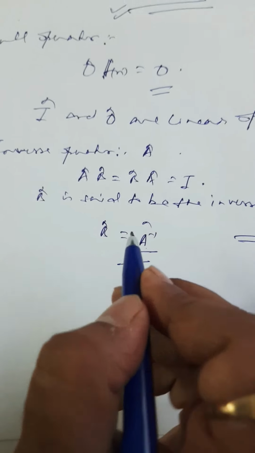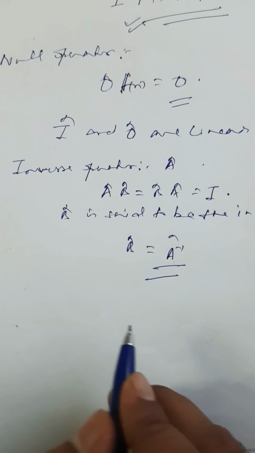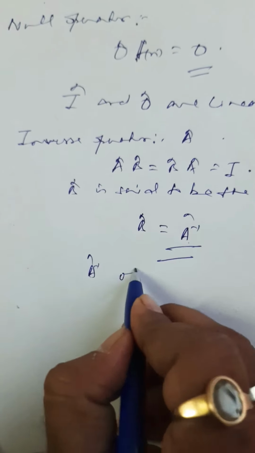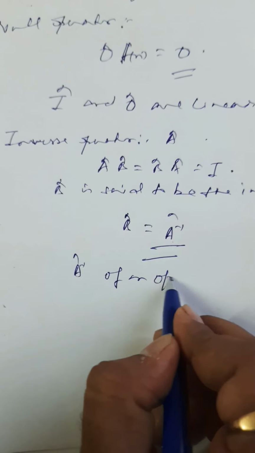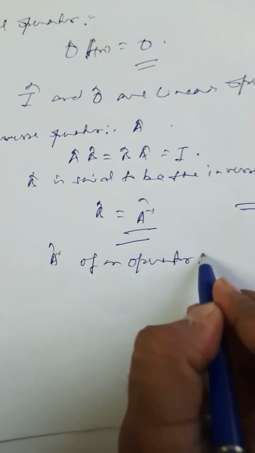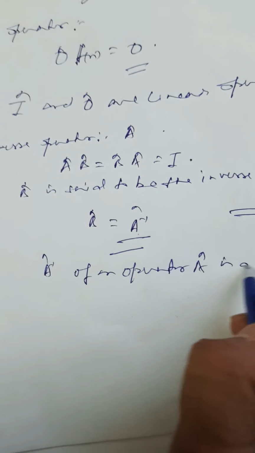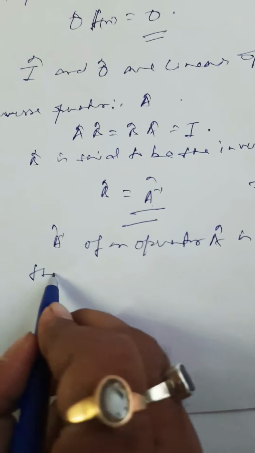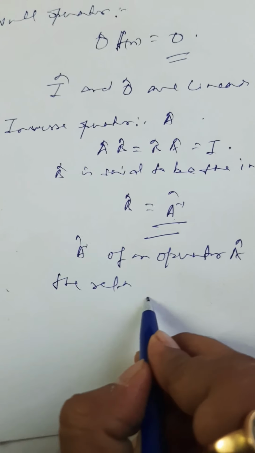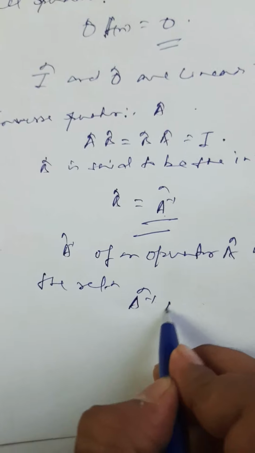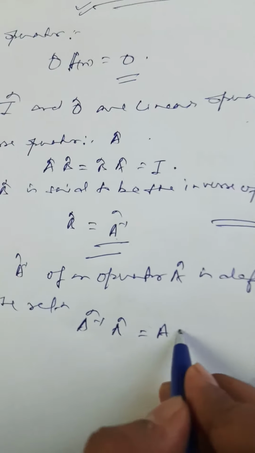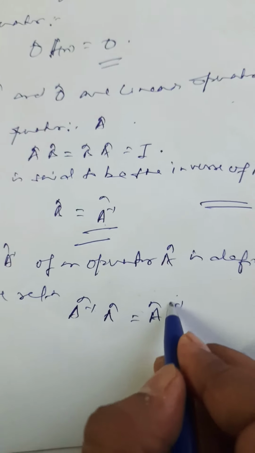The inverse of an operator A cap is defined by the relation A inverse cap into A cap is equal to A cap into A inverse cap is equal to I.